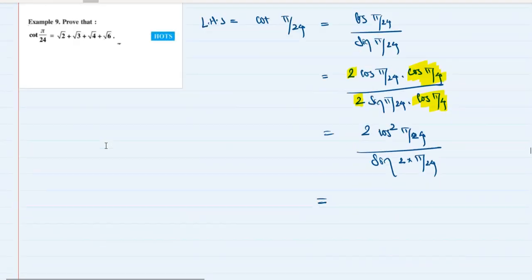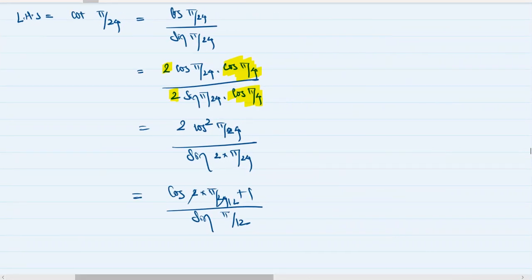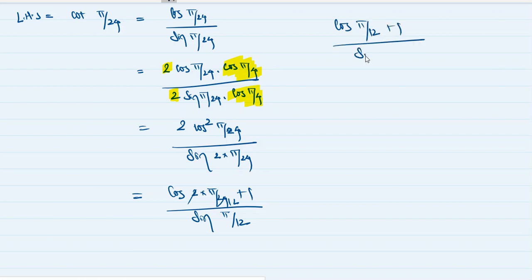Okay, so what I'm going to do is write cos 2A plus 1 over here, that is cos of 2 times pi by 24 plus 1, the whole upon sine of pi by 12. So that is 12, and here I'm going to get cos of pi by 12 plus 1 upon sine of pi by 12.